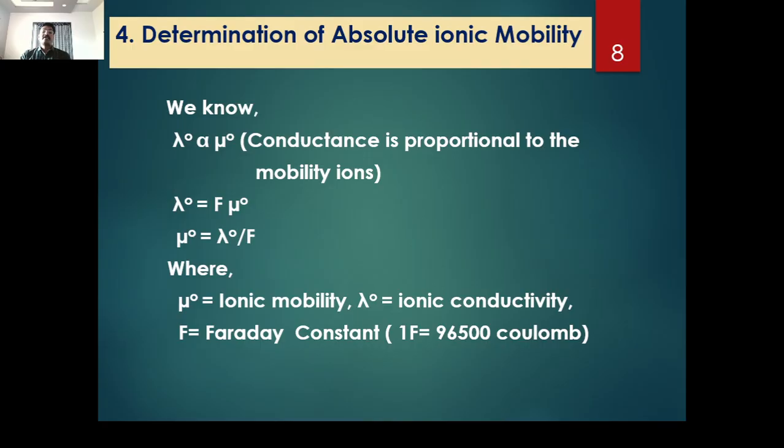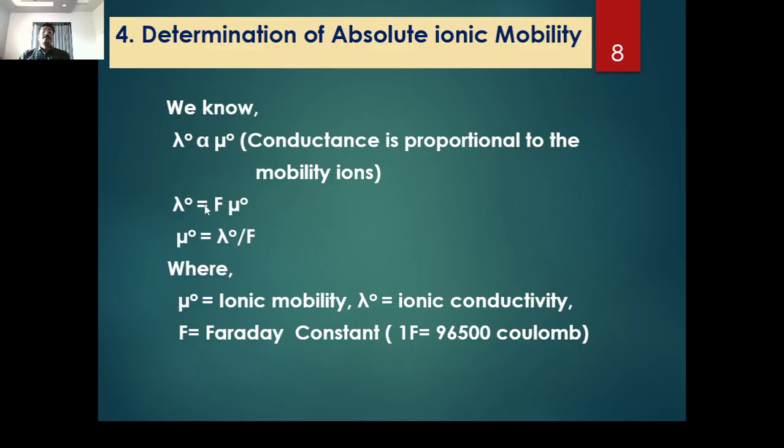Therefore, whatever the conductance may be, it is proportional to the mobility of ions. Here we write the conductance lambda 0 as proportional to mu 0, that is the mobility, or the speed, of ions.